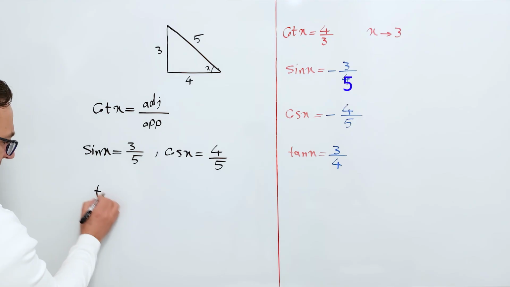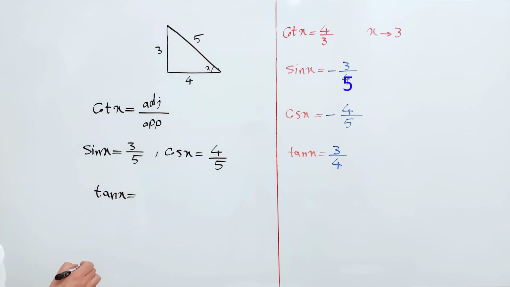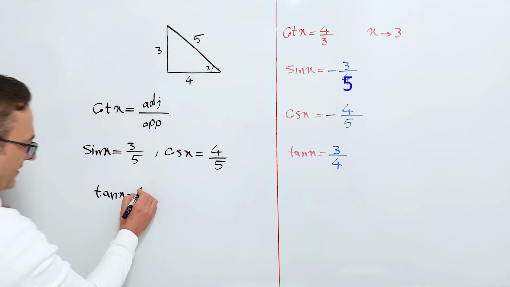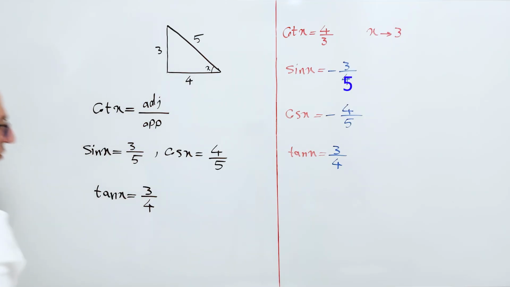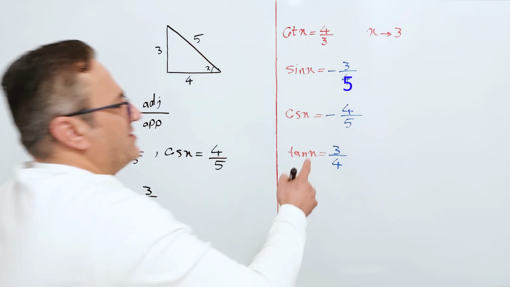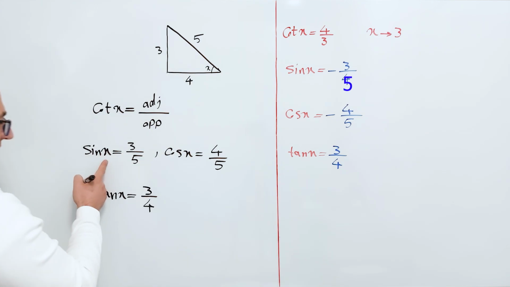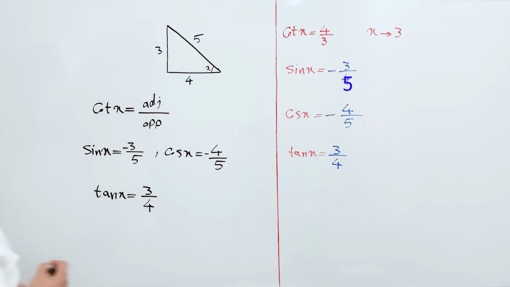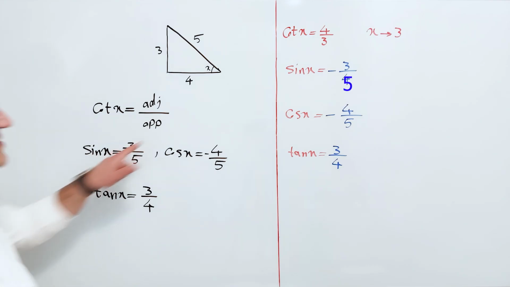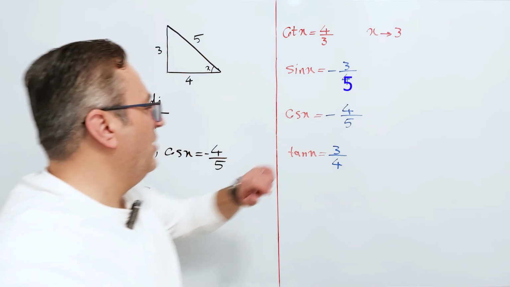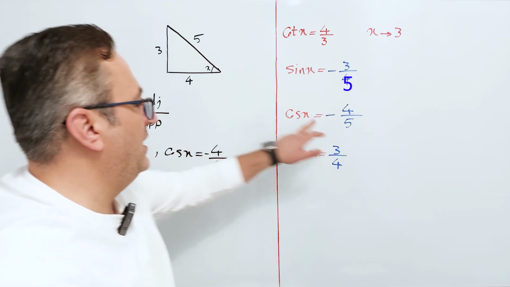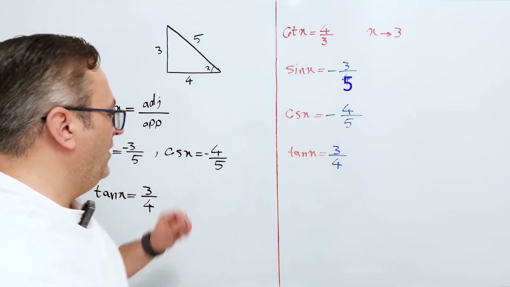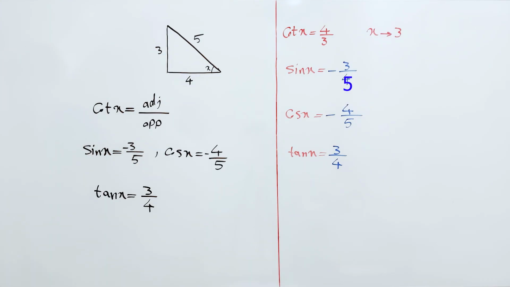And finally, tangent x is the opposite side divided by the adjacent side, which is 3 over 4. And since x is in the third quadrant, sine x is negative and cosine x is negative. So sine x is minus 3 over 5 and cosine x is minus 4 over 5 and tangent x is 3 over 4.